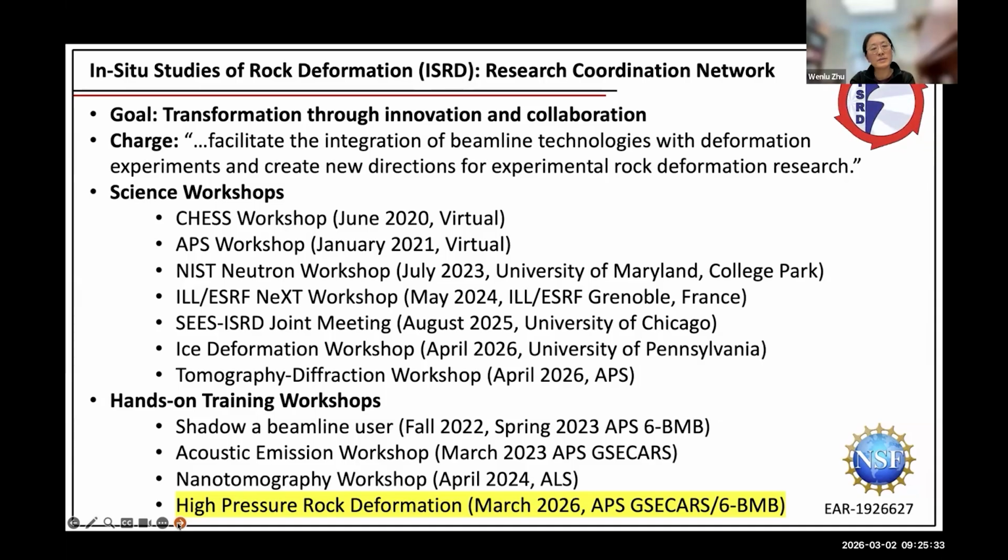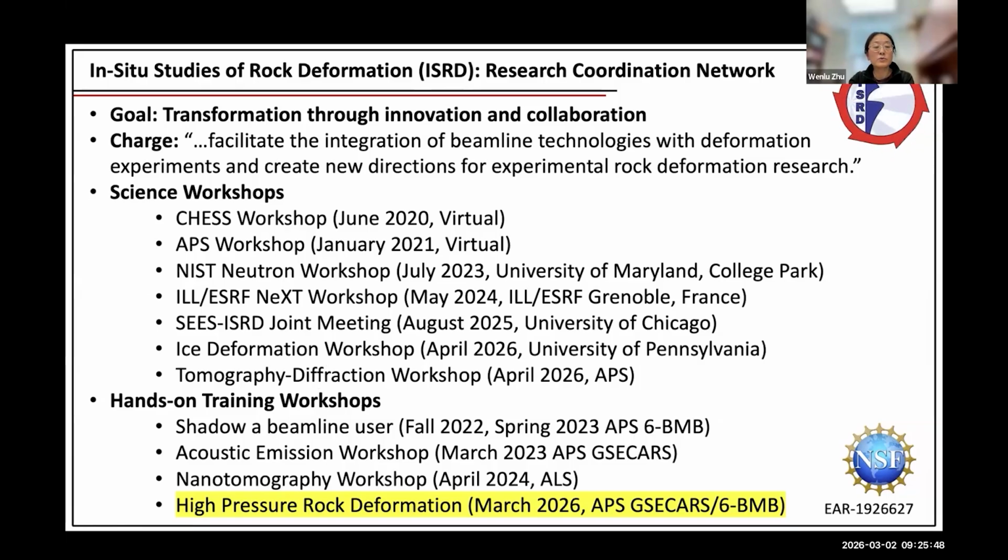We have organized already 5 workshops over the last 6 years, and we have 2 more workshops that will happen in April 2026.